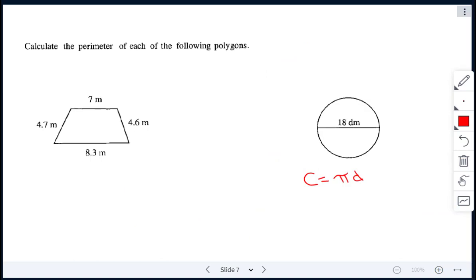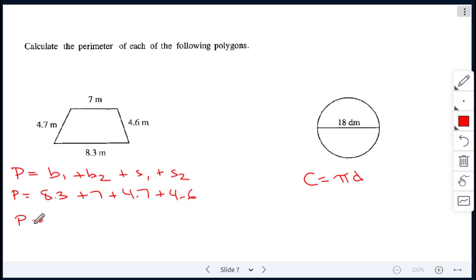For the first example, which is a trapezoid, perimeter is base 1 plus base 2 plus side 1 plus side 2. So 8.3 plus 7 plus 4.7 plus 4.6, and then the perimeter is equal to 24.6 meters.